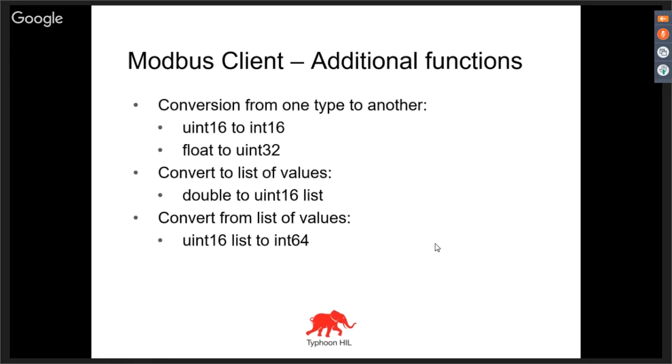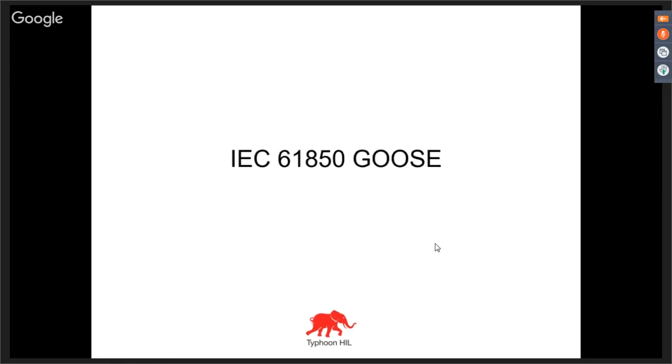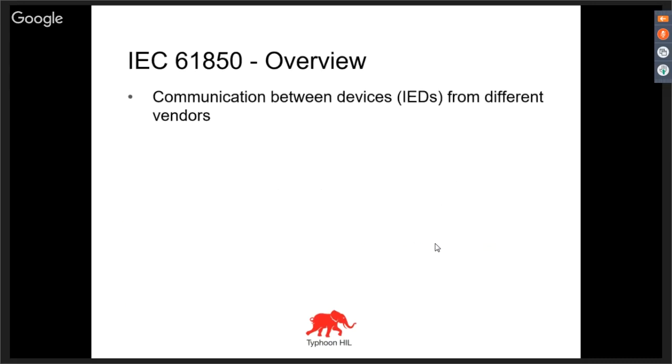Okay, so the next protocol that we have implemented is the GOOSE protocol from the IEC 61850 standard. A short overview of the IEC 61850 standard is that it's used for communication between IEDs from different vendors, and it's used in substation operation.